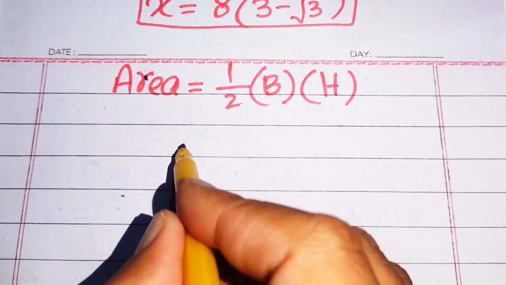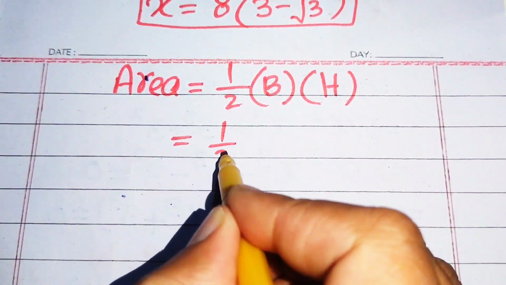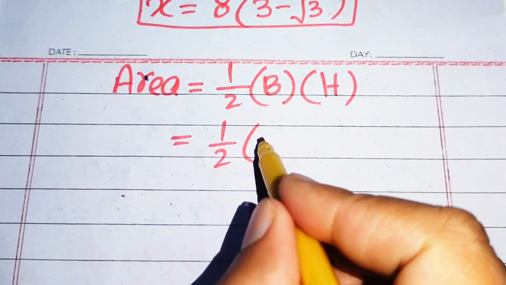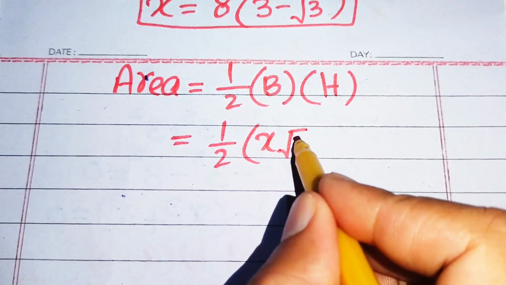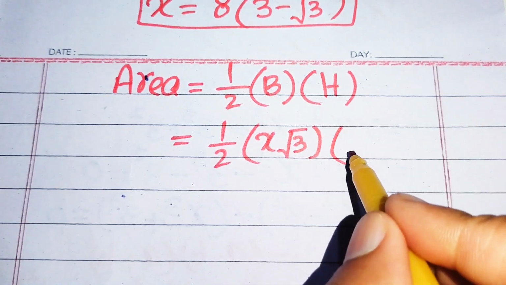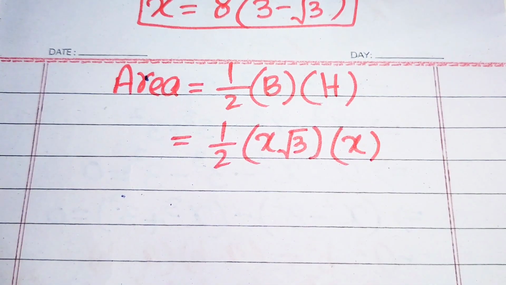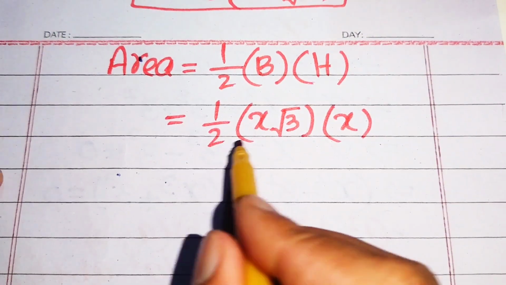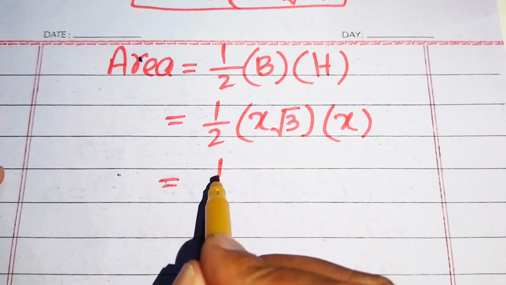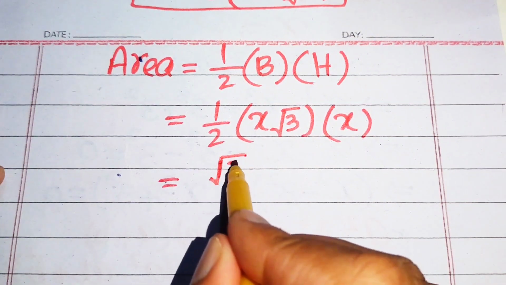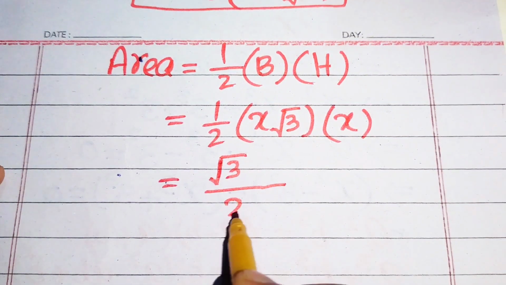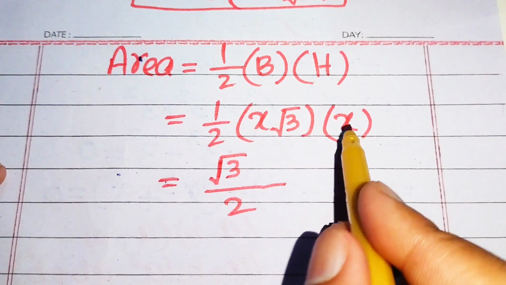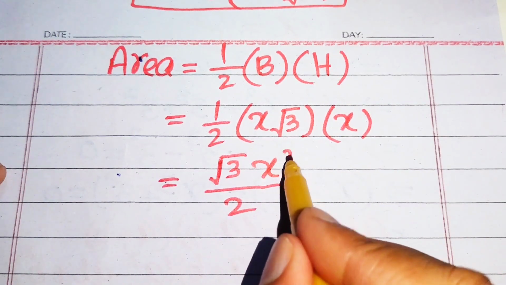So here we have 1 over 2 times base, so our base is x into square root of 3, and our height is x only. Here we multiply these two values, and it is written as square root of 3 divided by 2, and x times x becomes x square.